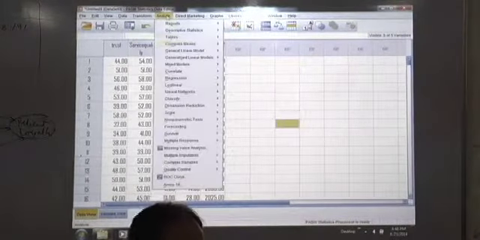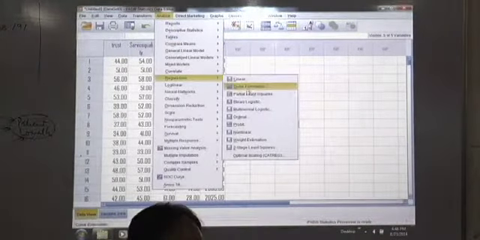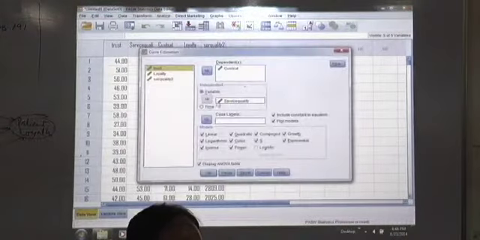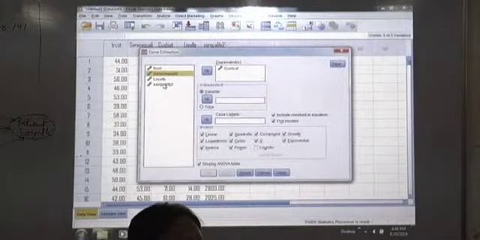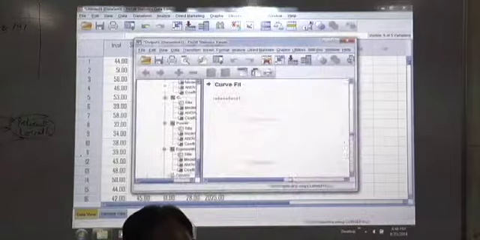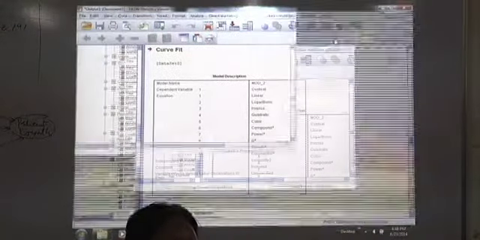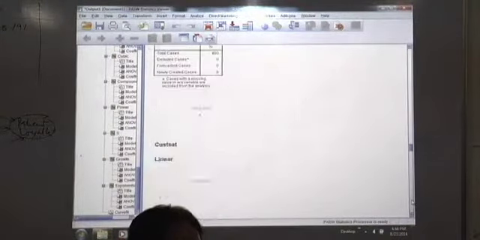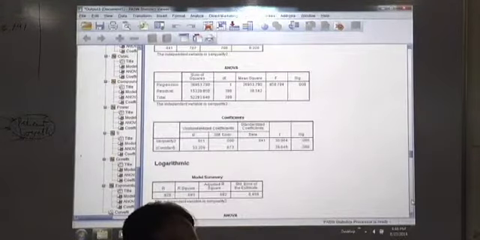Alright, go to analyze, go to curve fitting, linear curve estimation, and same. Now service quality will go back, and service quality 2 would come in, and we will see whether this improves or not.